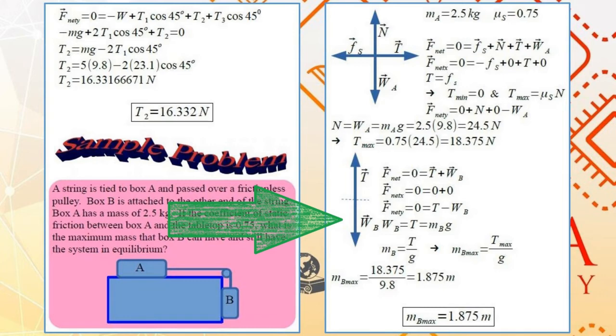If we set the tension to maximum, you have maximum mass for box B. M_B max is equal to T max divided by g, which gives us 1.875 kilograms. Okay? Not meters. The unit is wrong here. It should be kilograms.